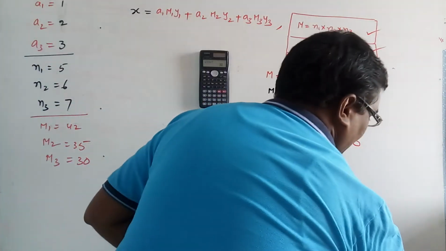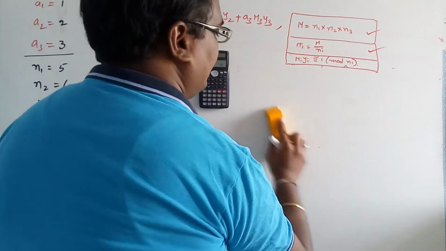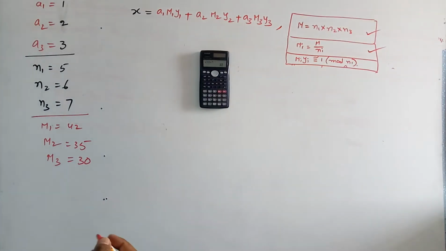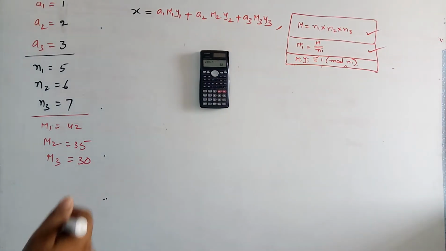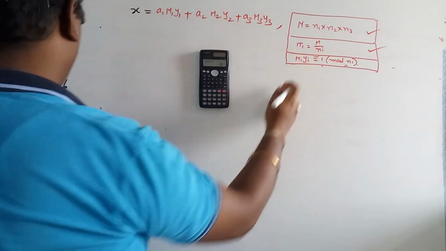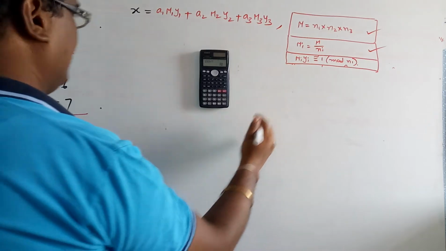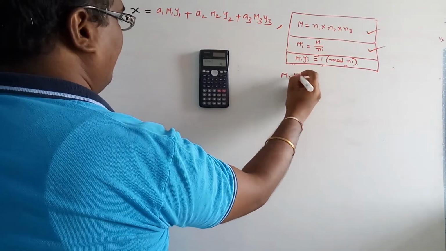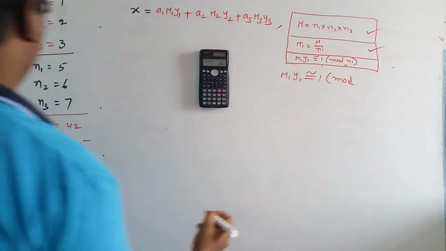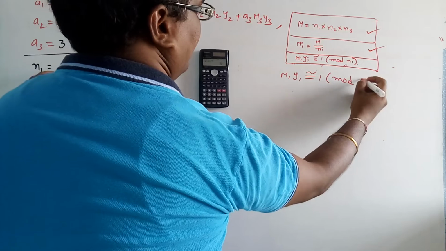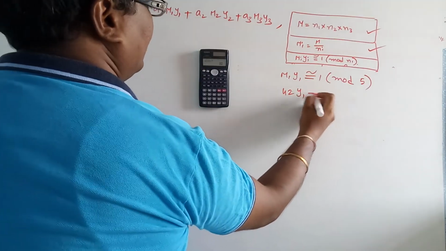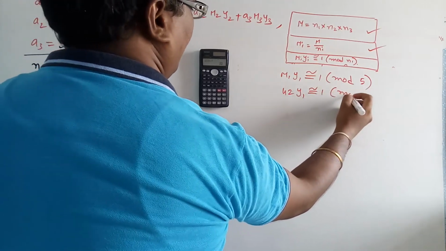Next one: Mi Yi is congruent to 1 mod Ni. Therefore, M1 Y1 is congruent to 1 mod N1, where N1 is 5 and M1 is 42. So 42 Y1 is congruent to 1 mod 5.